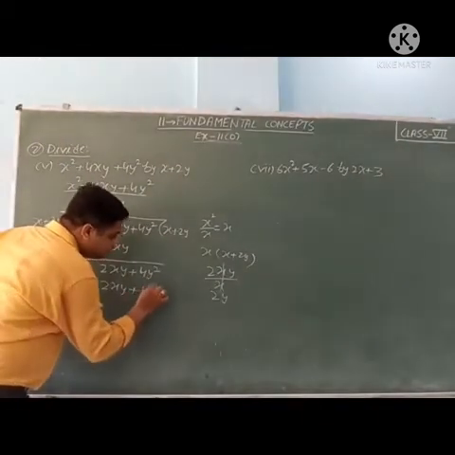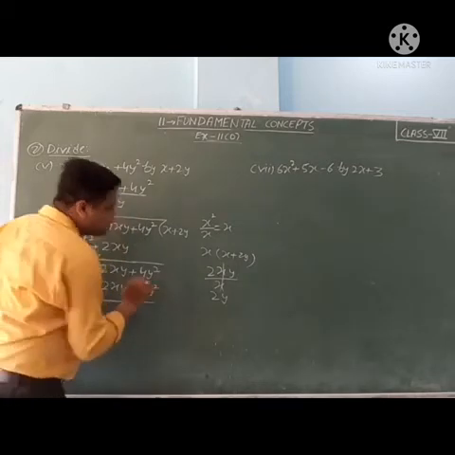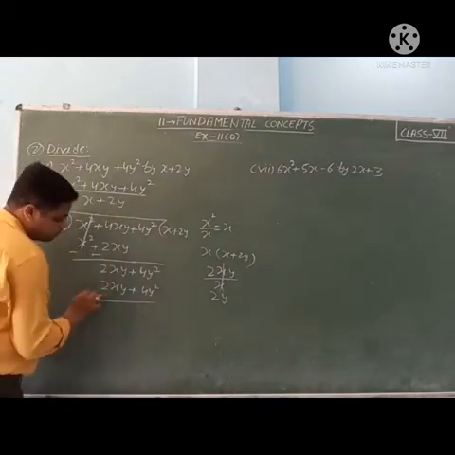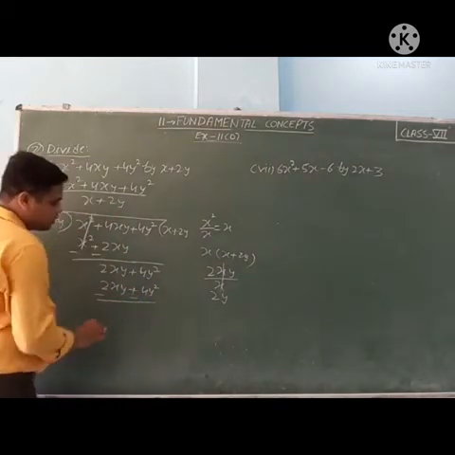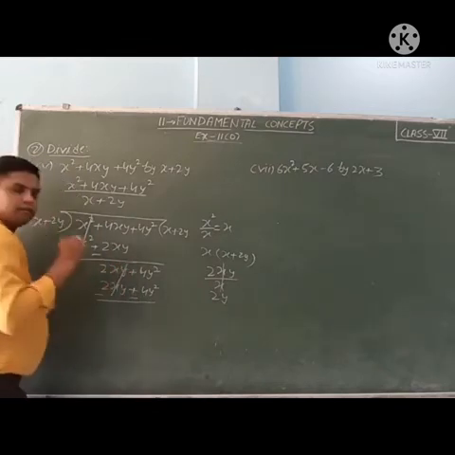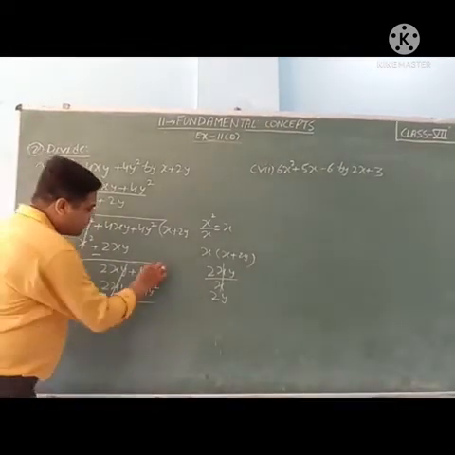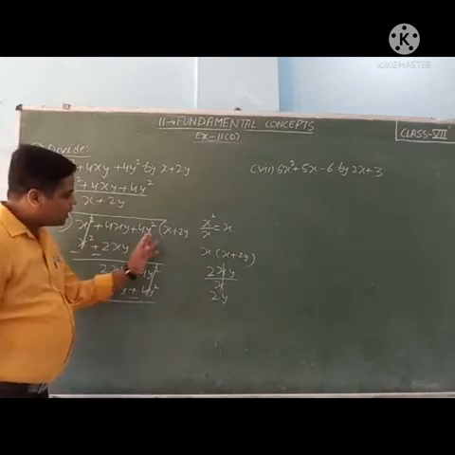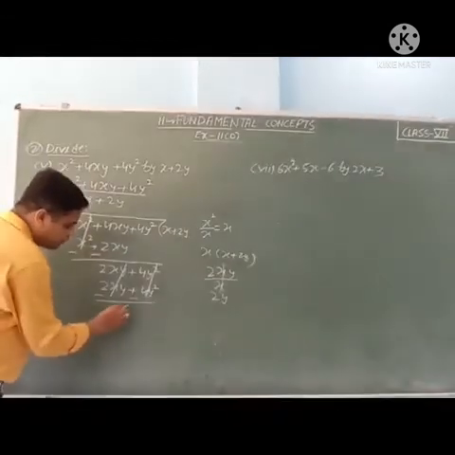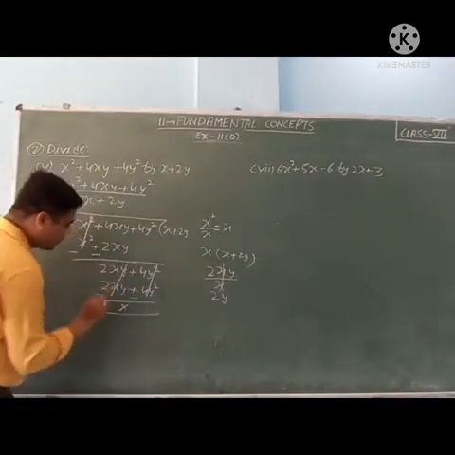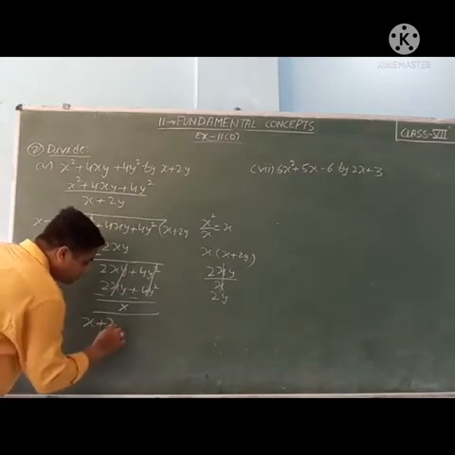Y is 1. Now change the sign. Plus changes to minus, plus changes to minus. 2xy minus 2xy cancel. 4y square minus 4y square cancel. Now any other term? No term. So this one also complete. So answer is x plus 2y.